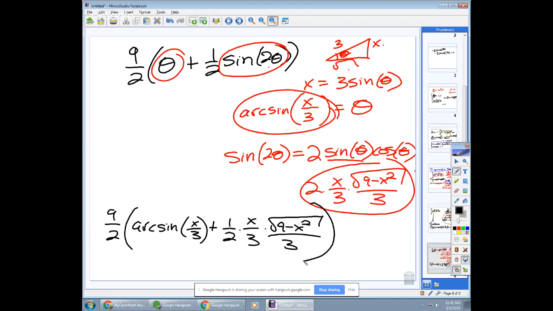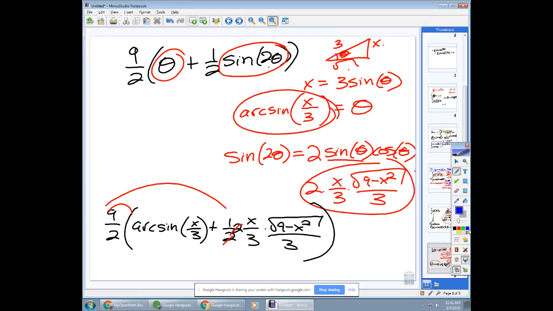Oh, times 2. Thank you. I forgot about that. So some things are going to clean up a little bit here. The 2's are going to divide out. I've got to distribute this 9/2 through, and that's going to clean things up too.